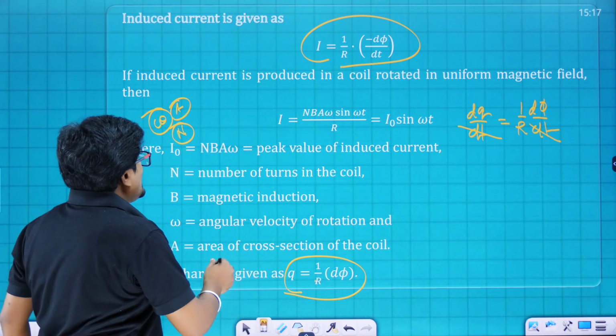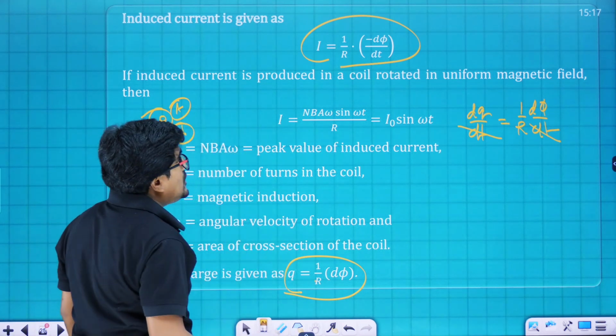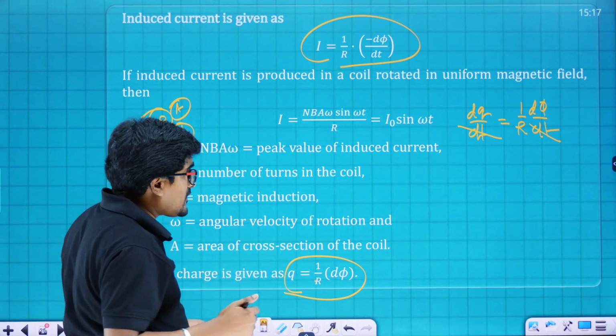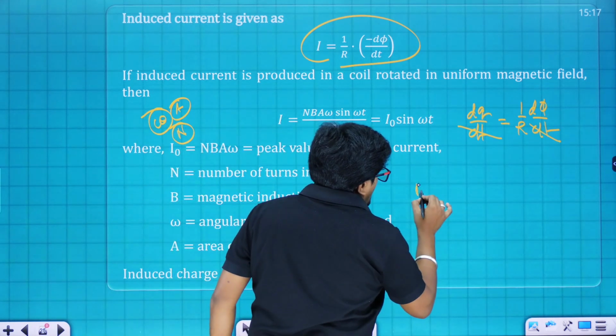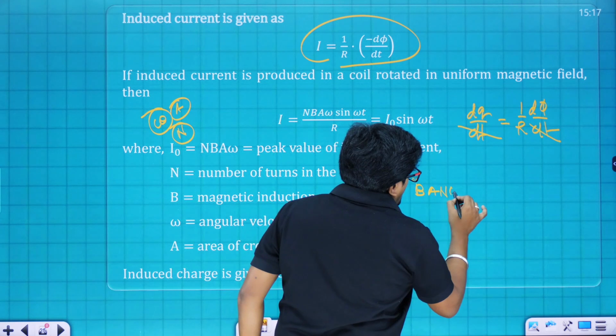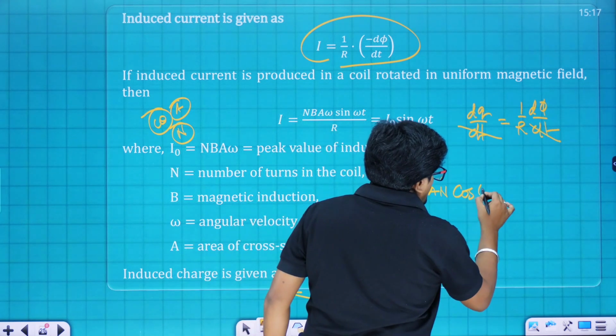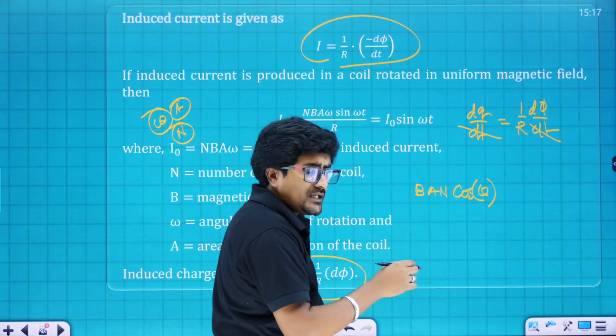In that condition the induced EMF is going to be, so the flux linked at any particular point is going to be BAN times cos theta, isn't it?